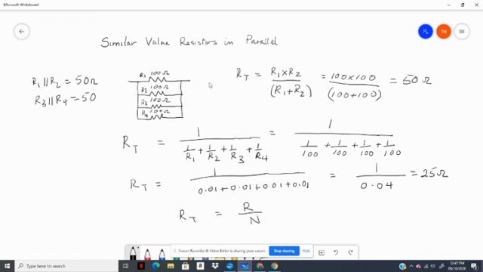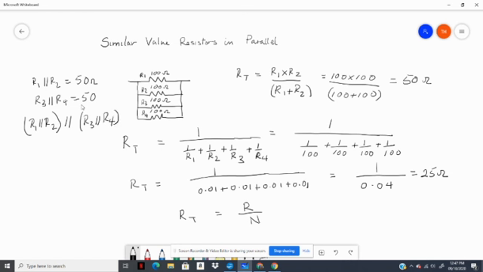And if we put the two of these in parallel, let's write it out longhand: R1 in parallel with R2, and then we put that in parallel with R3 in parallel with R4.